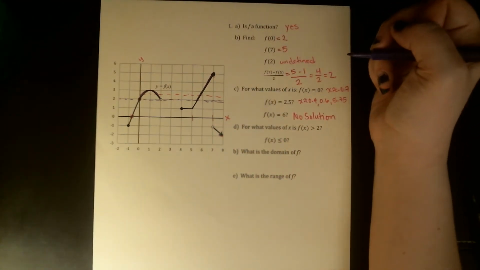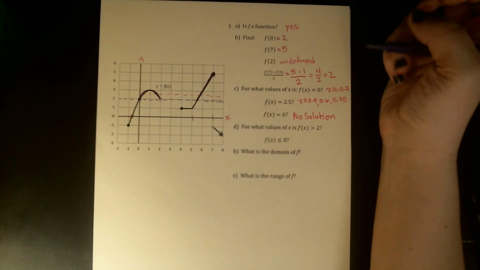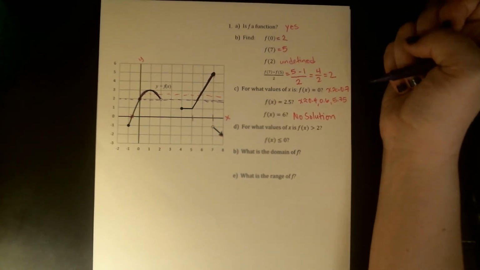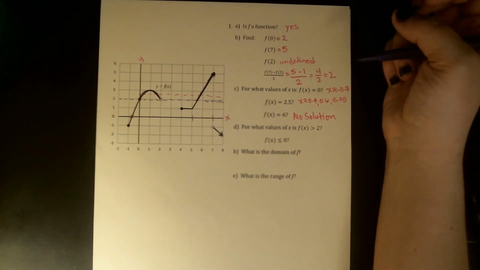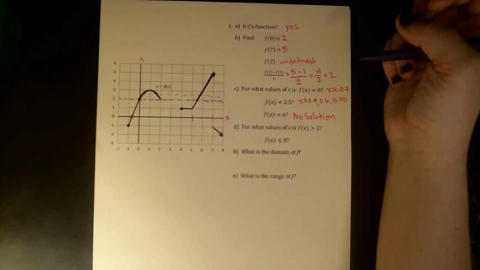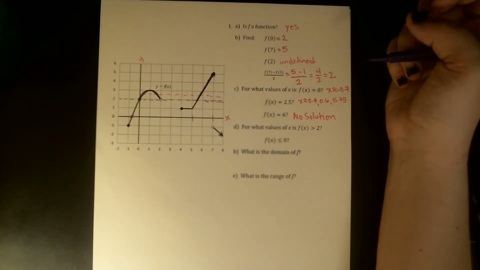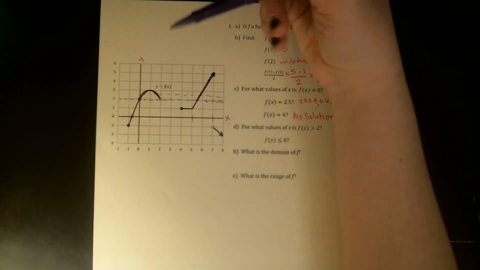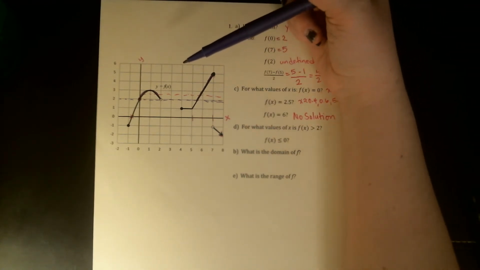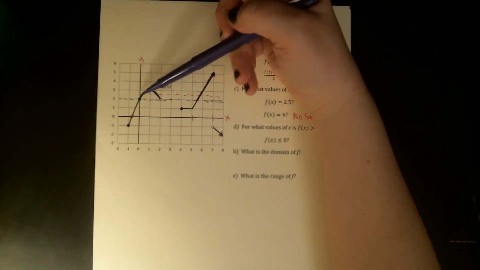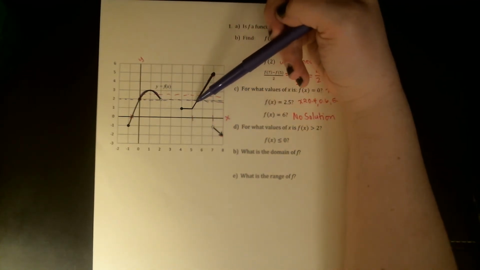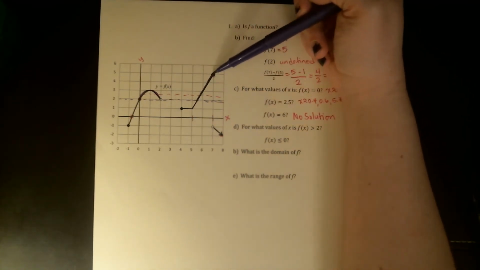So if I want to describe this, I'm either going to use interval or inequality notation. I don't care which you use, just use one correctly, and you should understand both. So if I give you either of those notations, you should know what I'm saying. So let's see, maybe we'll do one of each. So for this one, let's do interval notation. So I would say my y is bigger than 2 if my x's are between 0 and 2, or if my x's are between 5.5 and 7.